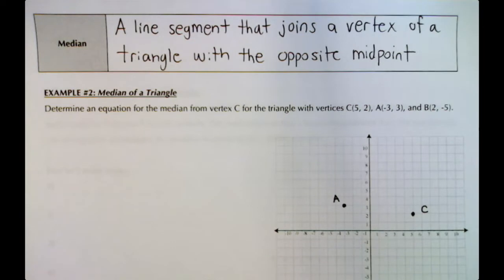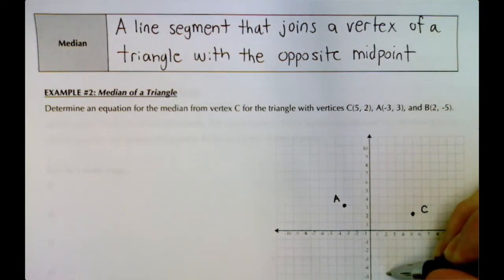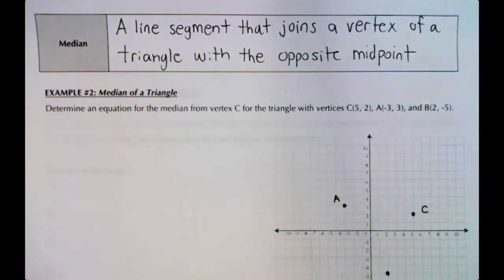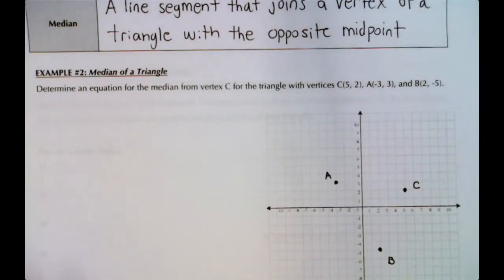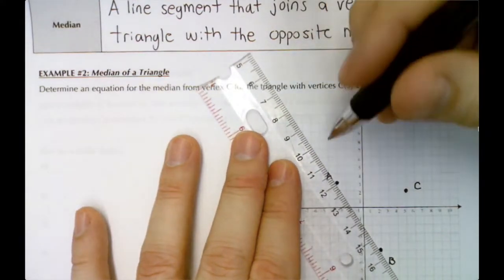And B is 2, negative 5. And there we have our 3 points of our triangle. I'm going to connect them to complete the triangle.